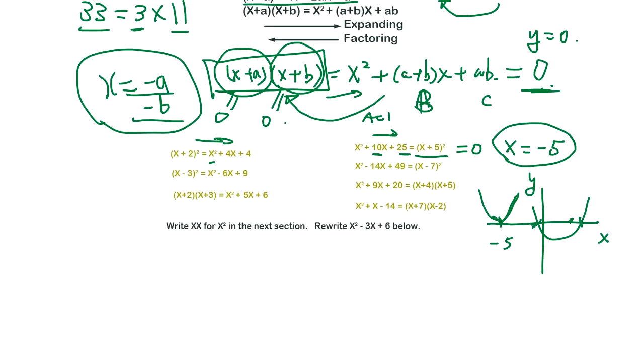So same thing here, 7749 and 2714. Okay, now this one, factor it, then the x-intercepts will be minus 4 and minus 5. This one, you factor it, x will be negative 7 and positive 2.